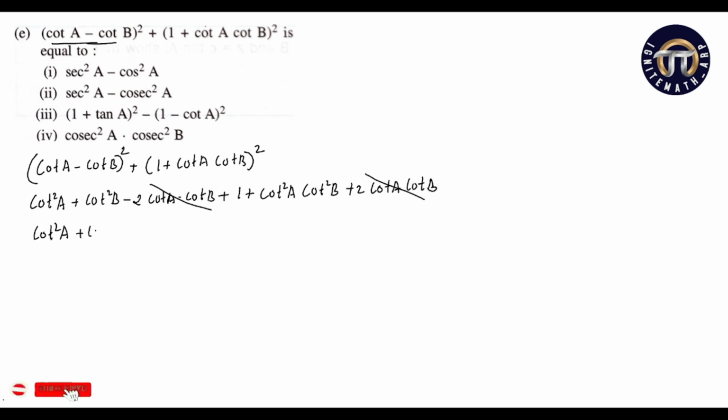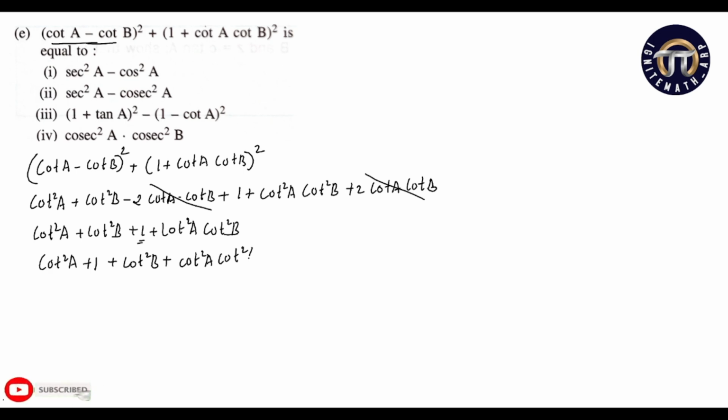Cot square A plus cot square B plus 1 plus cot square A into cot square B. Clear? So now what I do is cot square A plus 1, this one I'll bring over here, plus cot square B plus cot square A into cot square B I will write. Clear?